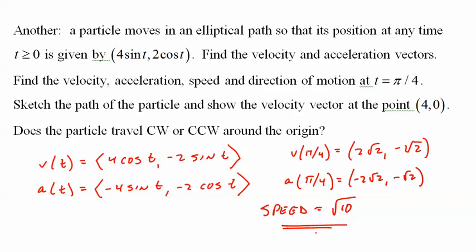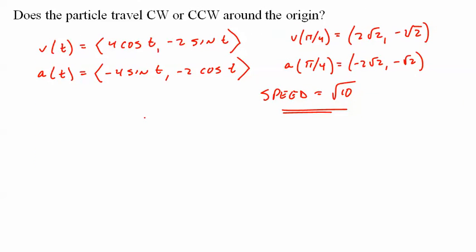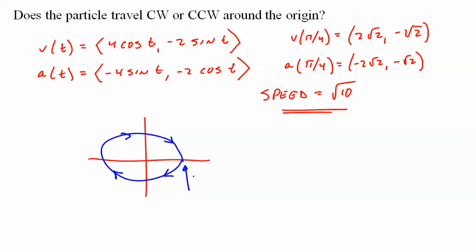And if you graph it, you should see that it goes clockwise around the origin. I believe it starts here and goes, boy, that was terrible. Something like that. That's our starting point.